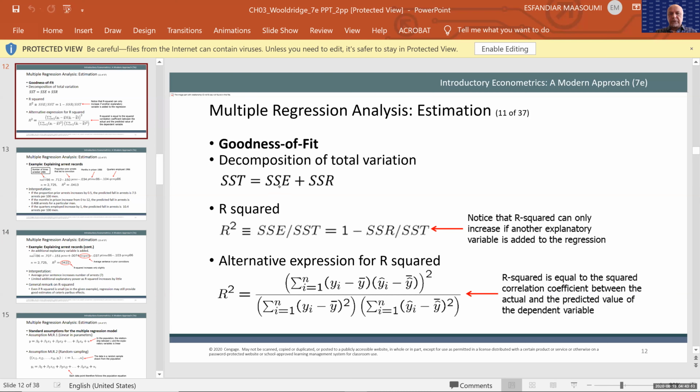It's just another term, another term, and another term that is non-negative. So adding variables to a regression will not decrease R squared. It may not change it by very much, but it cannot decrease it.